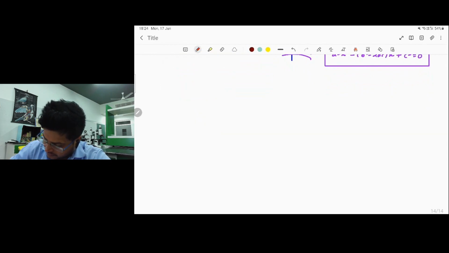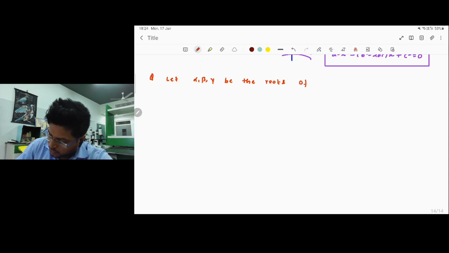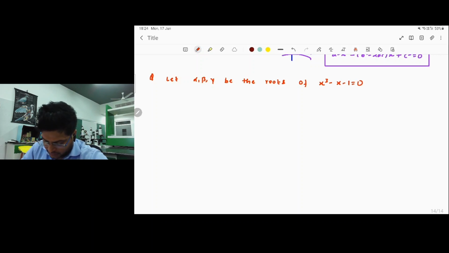The question is: let alpha, beta, gamma be the roots of x cube minus x minus 1 equals 0.